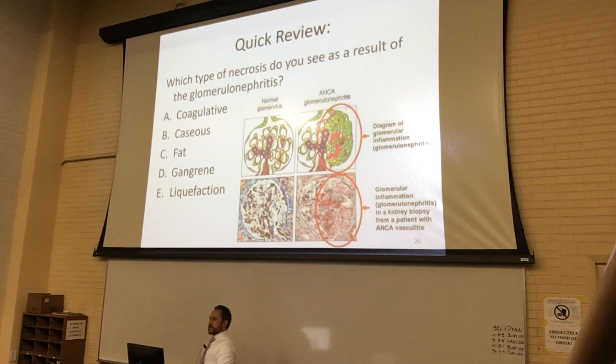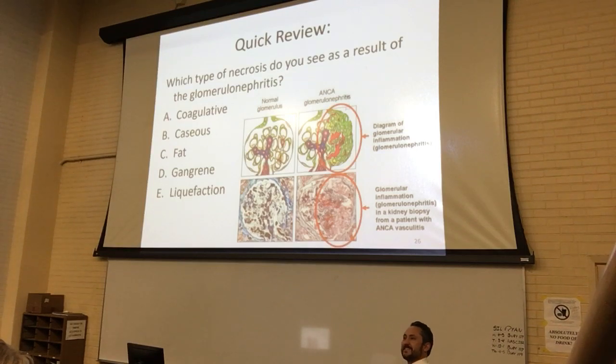Which type of necrosis do you see as a result of glomerulonephritis? Glomerulonephritis. Some of you are like, that sounds bad, but I don't know what it is. It's nephritis of the glomeruli. Where do you find a glomerulus?